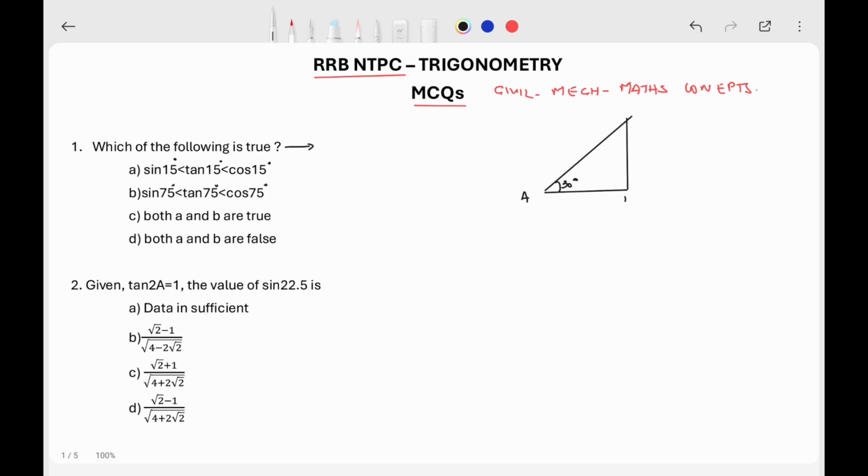A, B, C, and let's bifurcate, and let us say this is 15 degrees. Angle CAB is equal to 30 degrees.